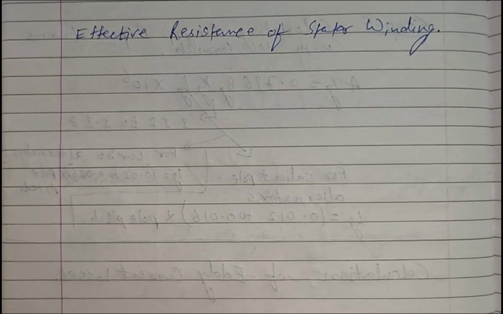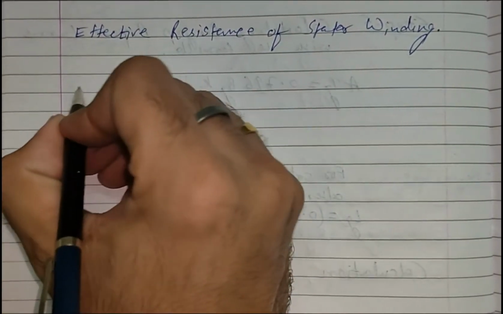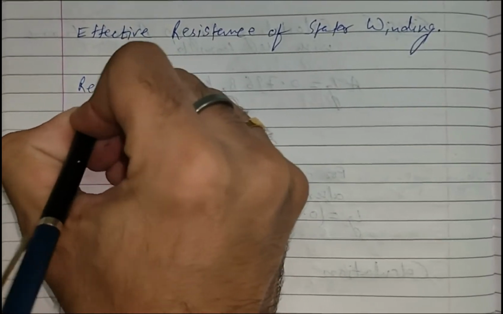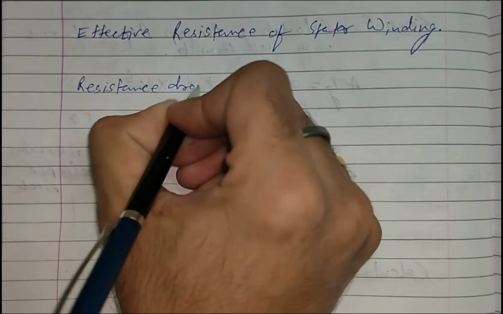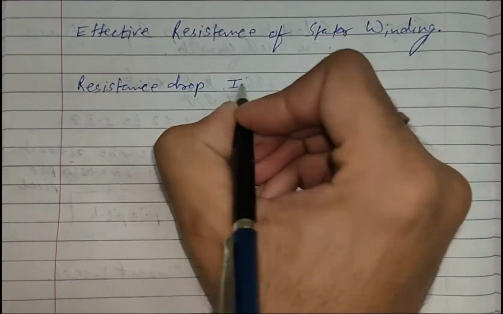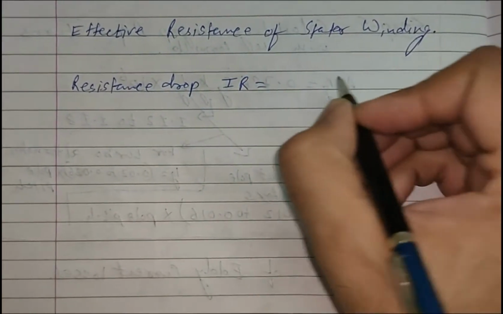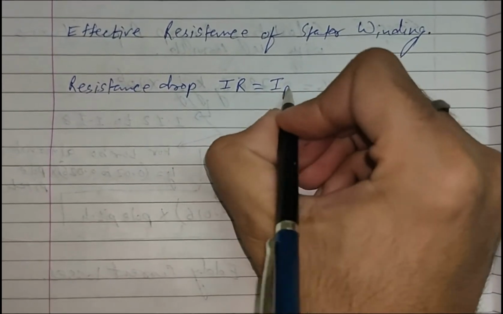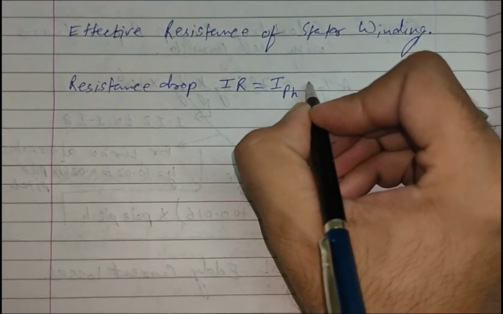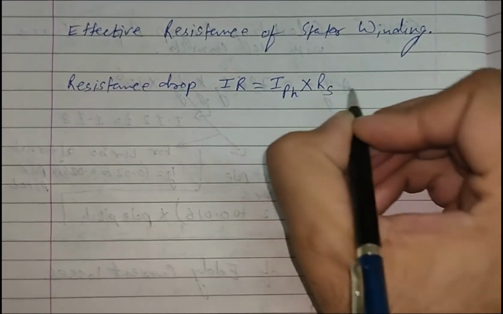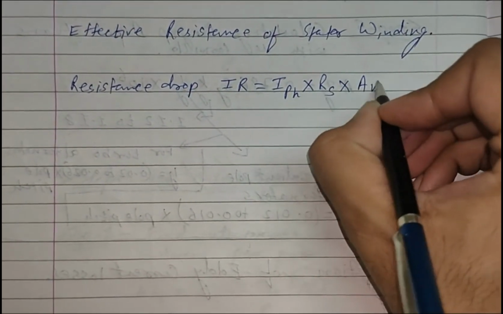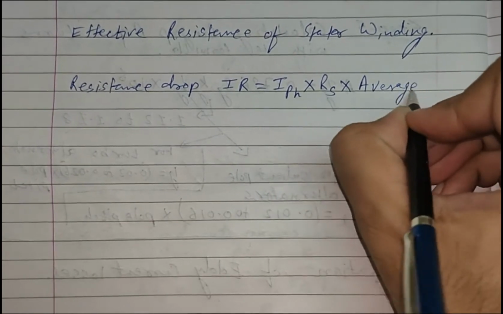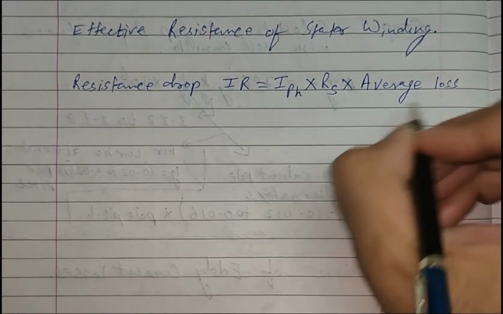So first let us find out the resistance drop. So the resistance drop is given by IR, which is equal to IPH multiplied by RS multiplied by the average loss factor.